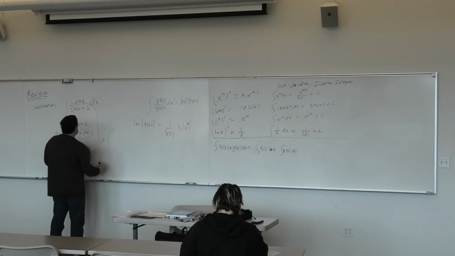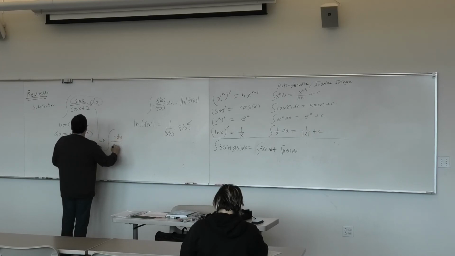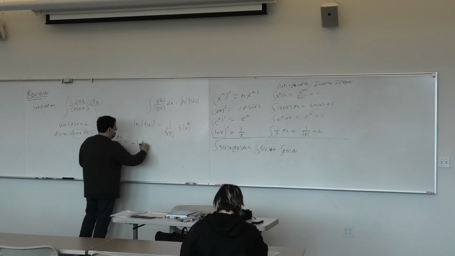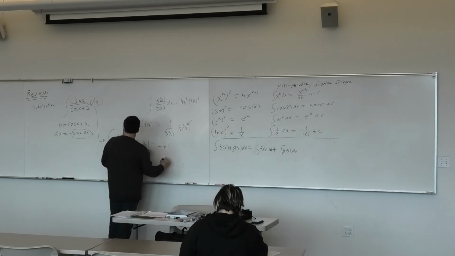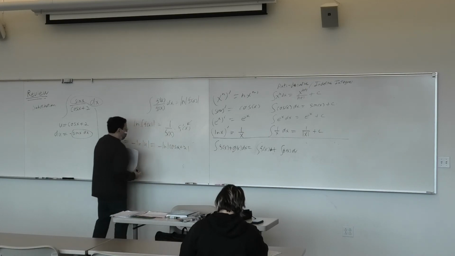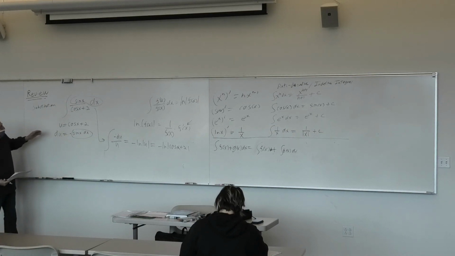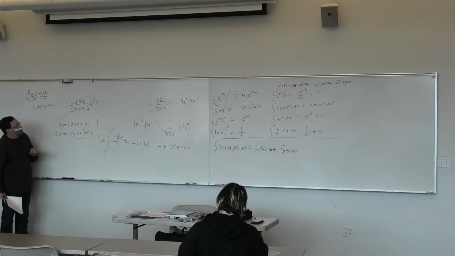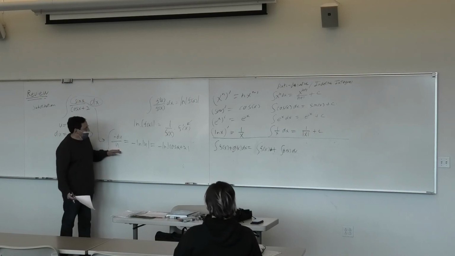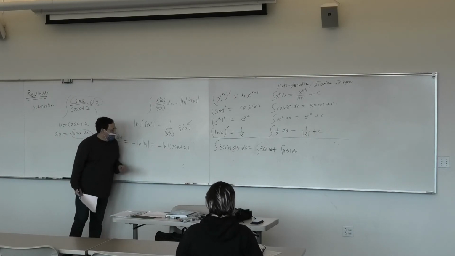This can become negative du over u, which of course is negative log of u, which substituting back becomes negative log of cosine of x plus 2. So you should be able to do this operation where you choose some substitution, try it out, substitute, and after you get an easier integral to do, substitute back.